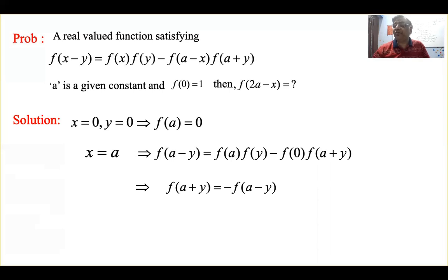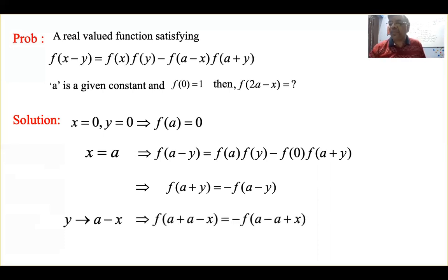Because f of 2a minus x is asked, I am replacing y with a minus x. Then f of a plus a minus x is equal to minus of f of a minus a plus x. So we will get f of 2a minus x is equal to minus f of x. That is exactly the answer we are looking for.